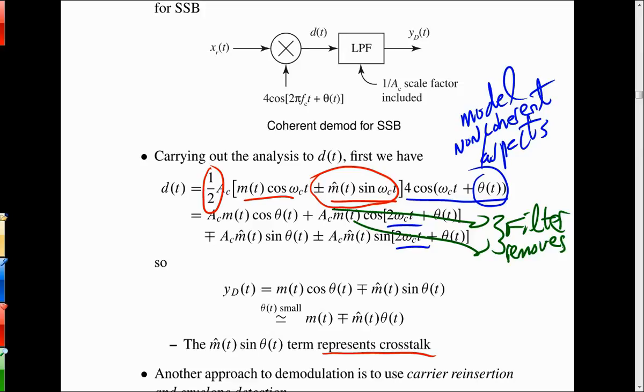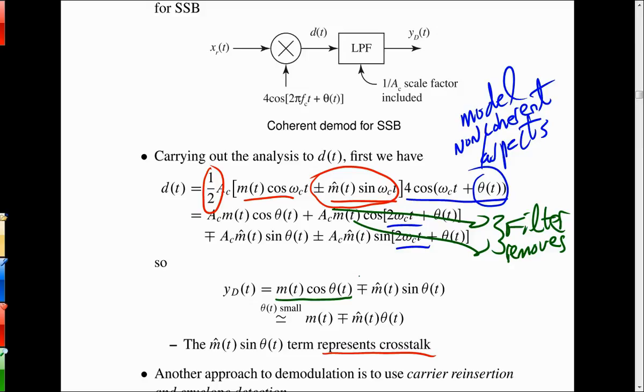And then we're just left with the m of t cosine theta of t, which you're supposed to recognize and say, that's the one I'm looking for, right? Because there's m of t, the message back, and if theta goes to 0, cosine of 0 is 1. So that's the keeper signal. And then in this case, we've got this other signal on there, m hat of t, the Hilbert transform of the message, and the sine theta of t.